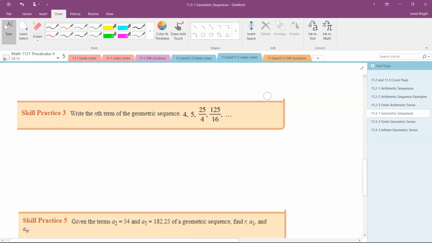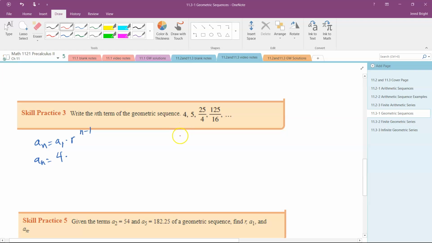All right. Practice writing the nth term of a geometric sequence. So first job is to say, well, the nth term, if I do non-recursive form, is going to be a1 times r to the n minus 1. Well, a_n is going to be 4 times, now I need to figure out what r is.